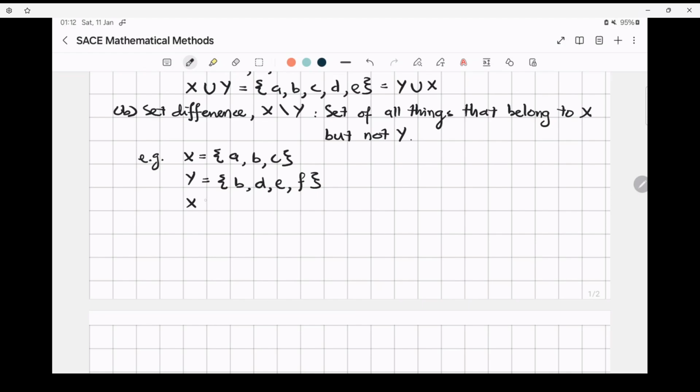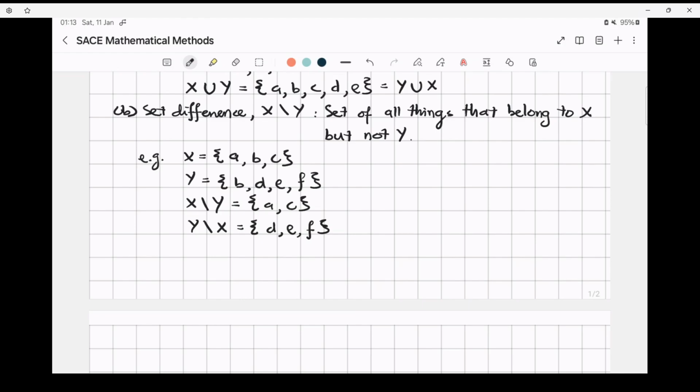The set difference of these two, if you have x set difference of y, you would get a and c. a and c belong to x, b belongs to x and y, so you need to deduct b out. So x set difference of y will be a and c. If you study y set difference of x, you will get the opposite result, which is d, e, and f. So in this particular case, they don't mean the same set.